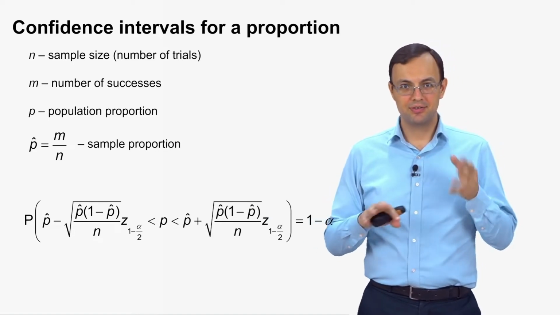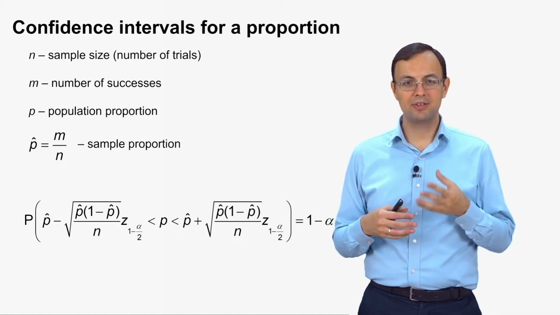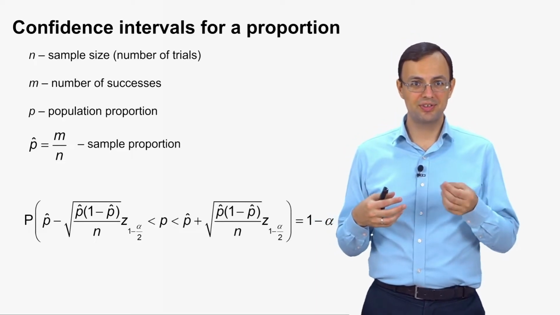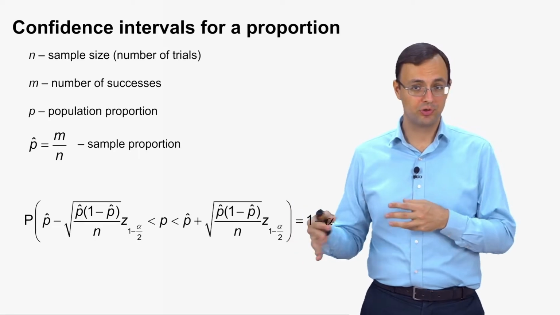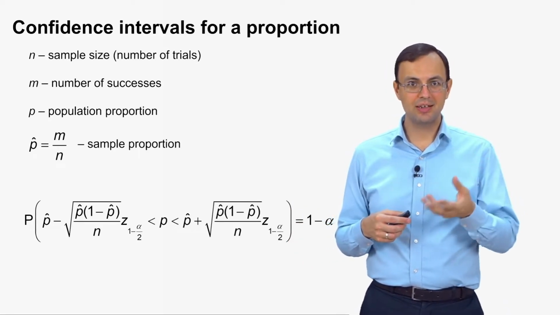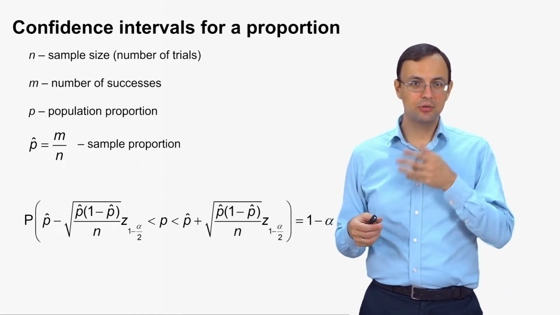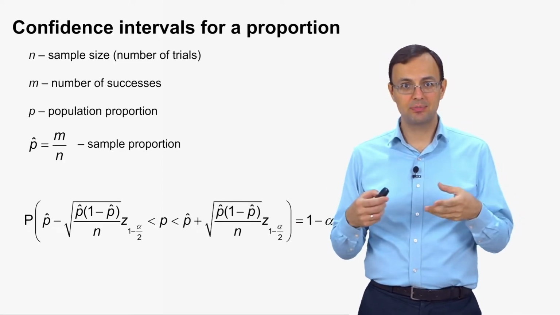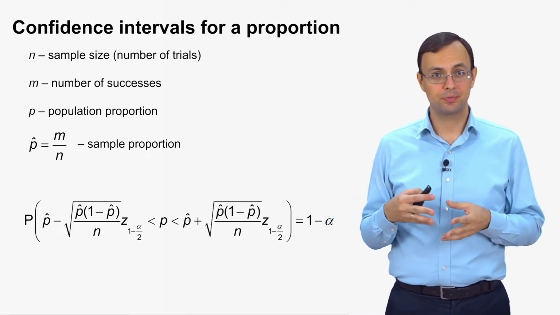They answer either yes or no. You divide the number of those who are in favor of your party by the number of people you have asked, and these are m and n respectively. What you get is called the sample proportion. Or you choose items at random, and for each item you look if it is defective or not, and then you divide m, the number of defective items, by n, the number of items observed, and this is also the sample proportion.